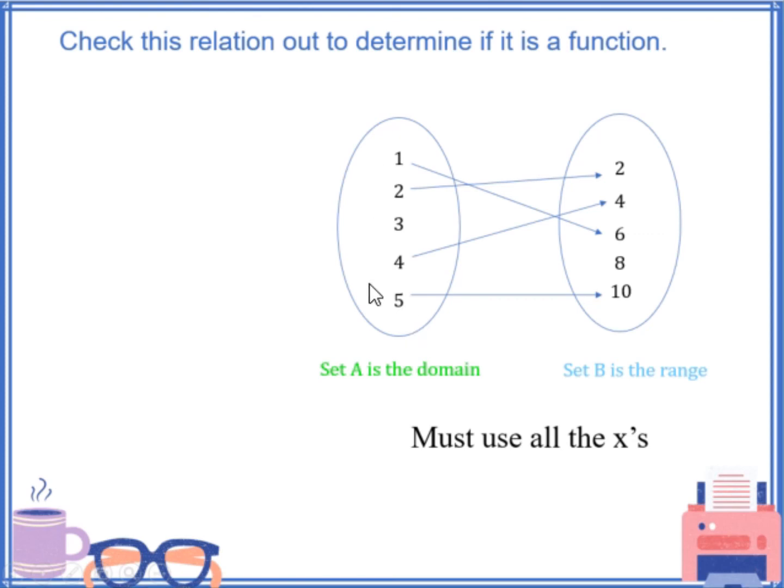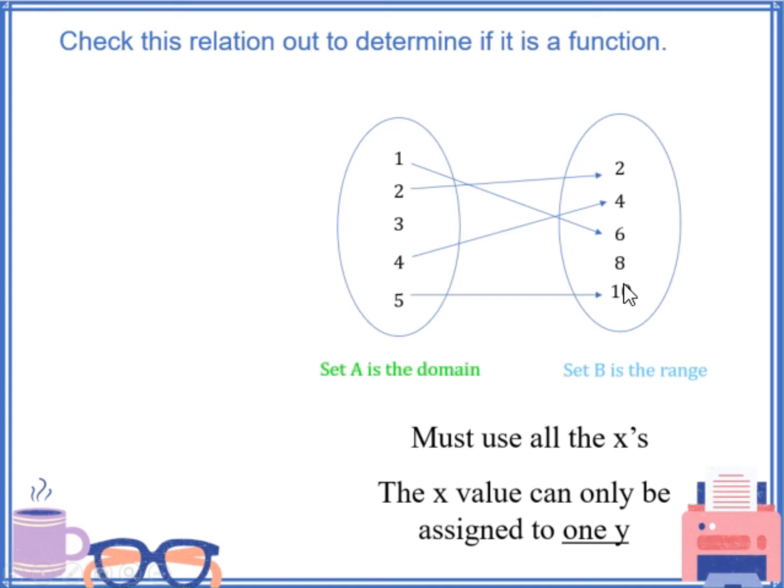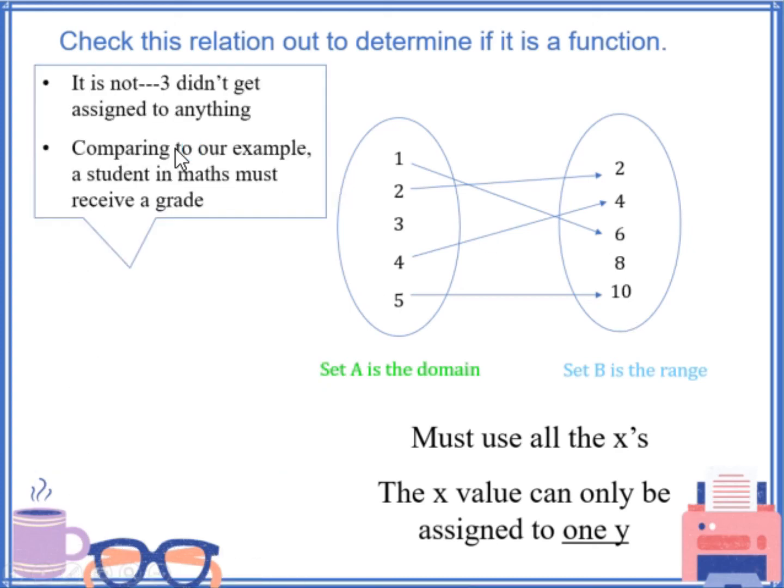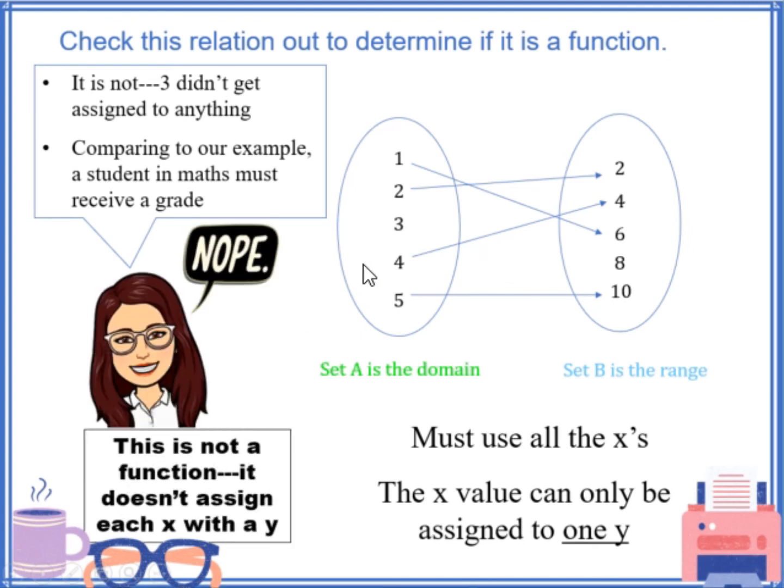Lahat ba ng x value ay mayroong kapartner ng y value? It is not. 3 didn't get anything assigned. Comparing to our example, ang students in math must receive a grade. So, function ba ito? This is not a function. It doesn't assign each x with a y.